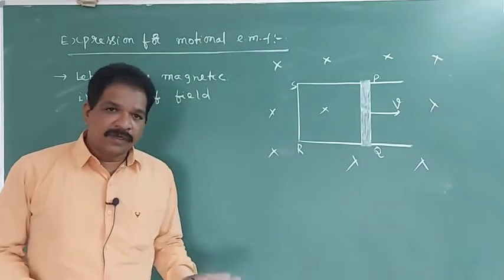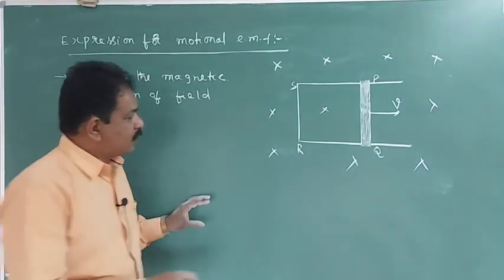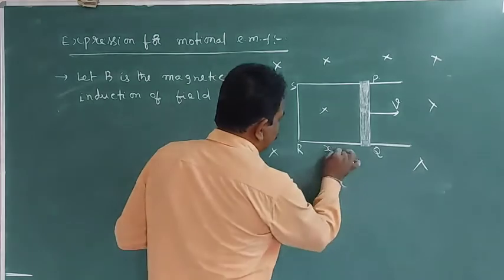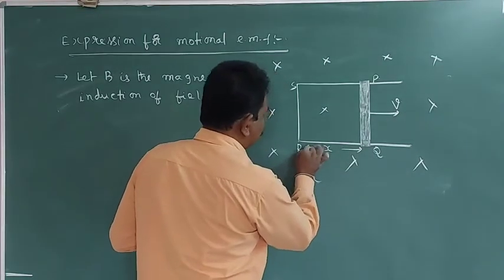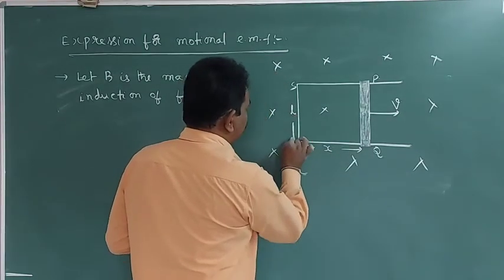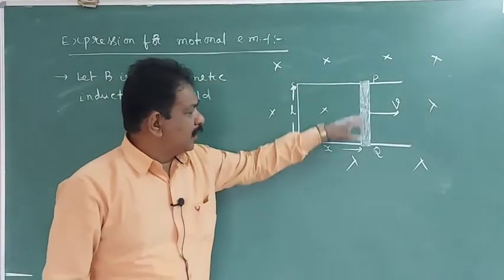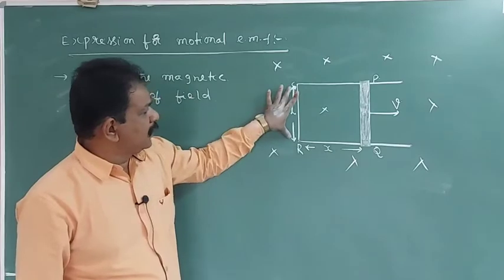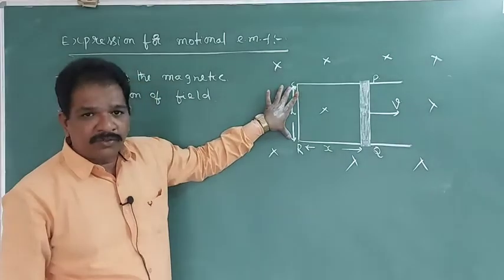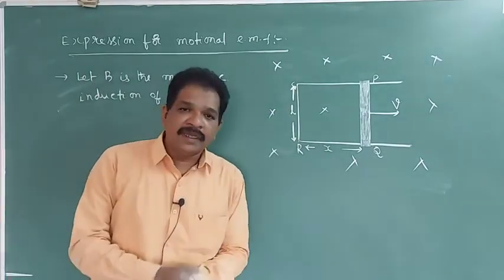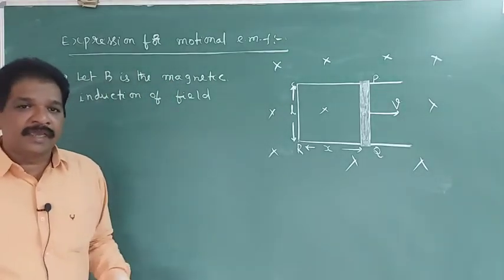Okay. Now let us see. I am assuming this side is X, this side is L. The rod length is L, so automatically this side length is also L. This side I am assuming as X.